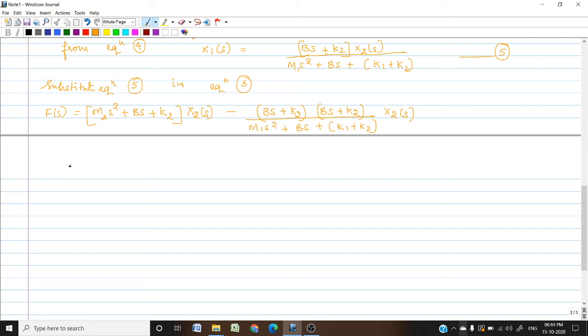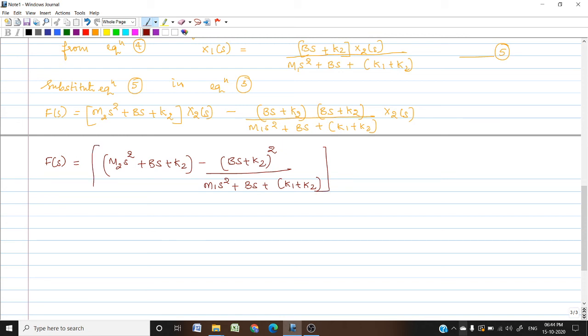So I'll just re-simplify this. f of s is equal to (m2 s² plus bs plus k2) minus (bs plus k2) the whole square divided by (m1 s² plus bs plus k1 plus k2). This multiplied into x2 of s.